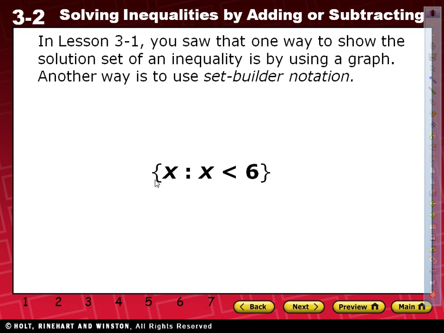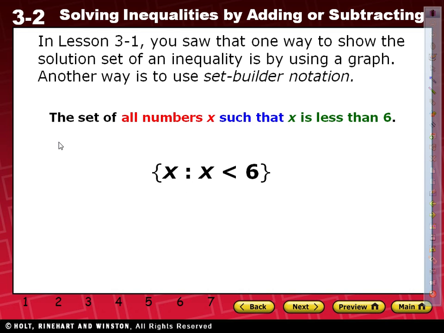So what do these mean? We know that this means the set of all numbers x such that x is less than 6. But let me break it down so that you understand the symbols. The brackets are the set. That's what brackets mean, the set. All numbers x, so that's why I wrote x at the beginning. Everybody see that?